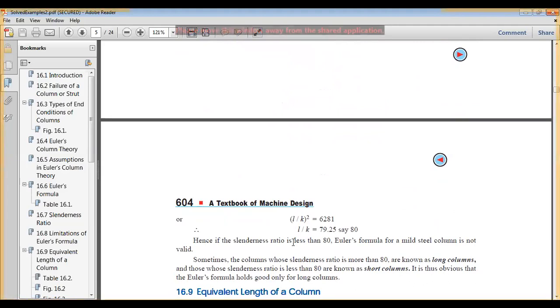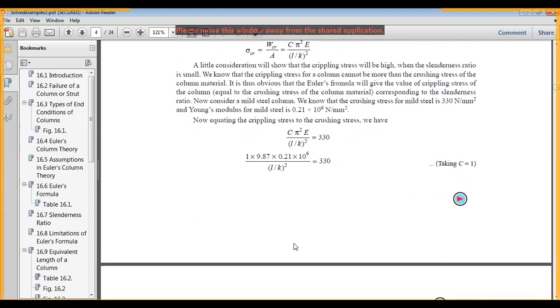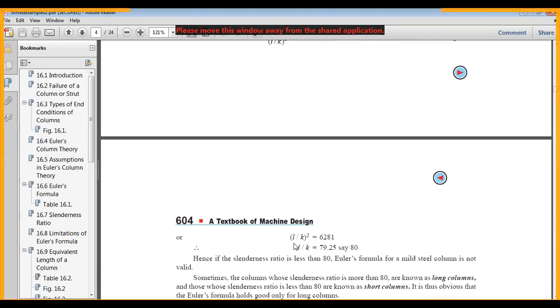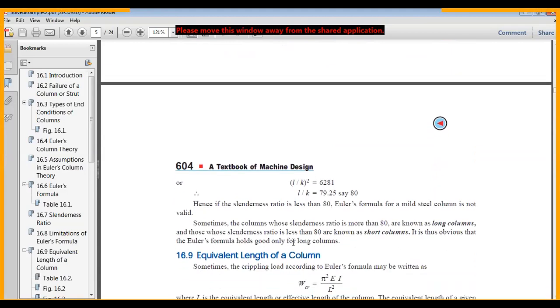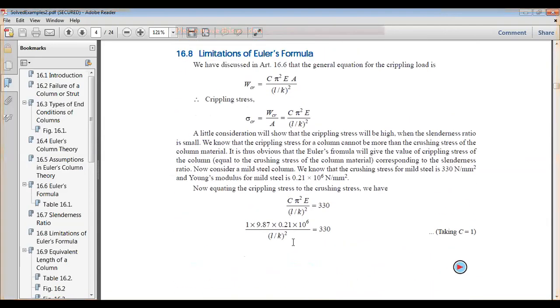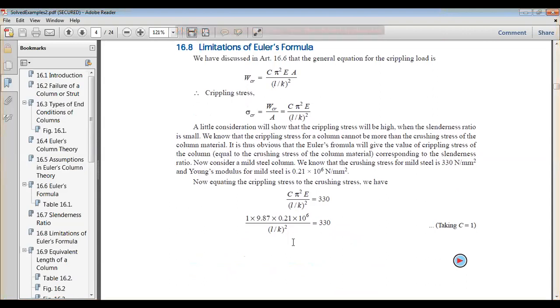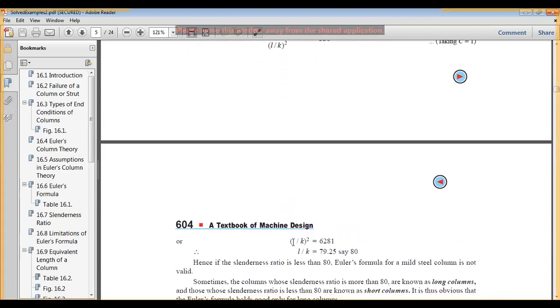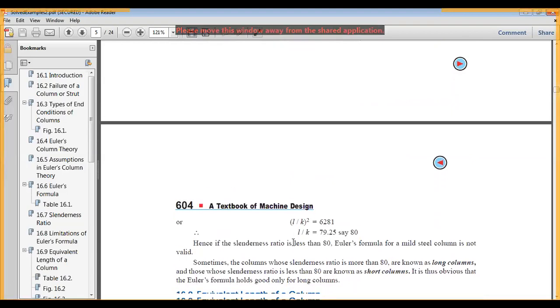So we have taken that condition, keeping C equal to 1, and we got L by K as 80 for a mild steel column that is hinged at both ends. By taking C equal to 1, we have calculated this.